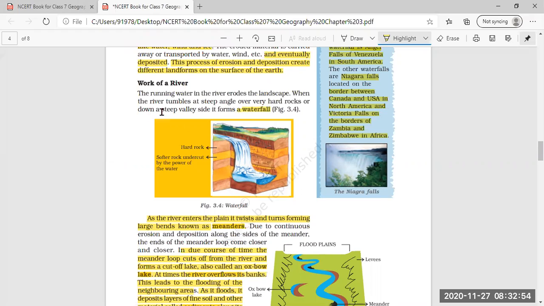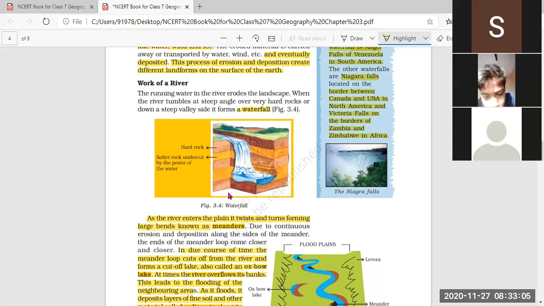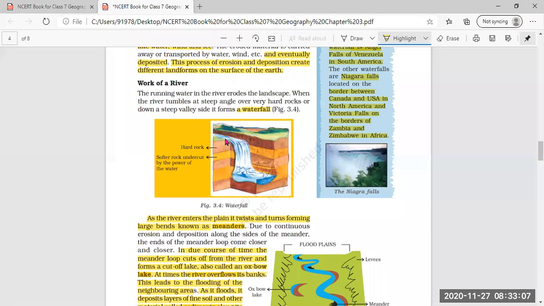When the running water of the river tumbles down the steep angles over the hard rock. Now, we can understand this through this diagram: the hard rock is there from the mountain and all.